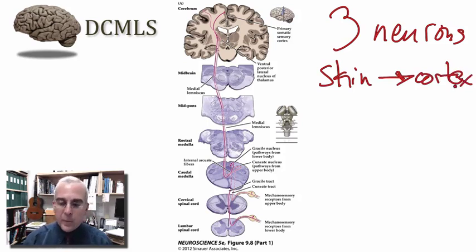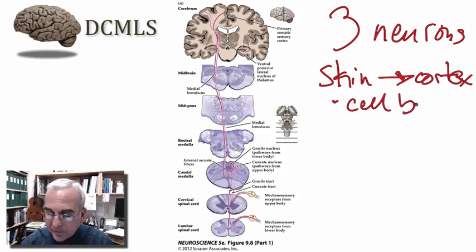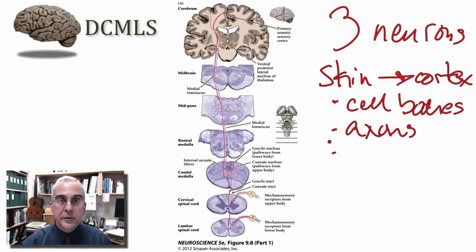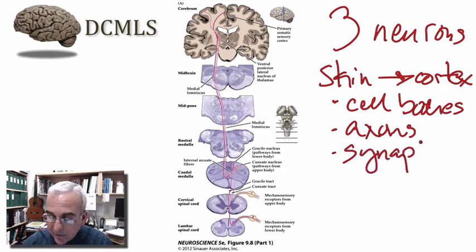Okay, so I want you to focus on these 3 neurons. I want you to consider, where are their cell bodies? I want you to consider the distribution of their axons. And thirdly, I want you to be able to discuss and to illustrate the location of the synaptic connections from one axon to the dendrites of another neuron in serial pathway.